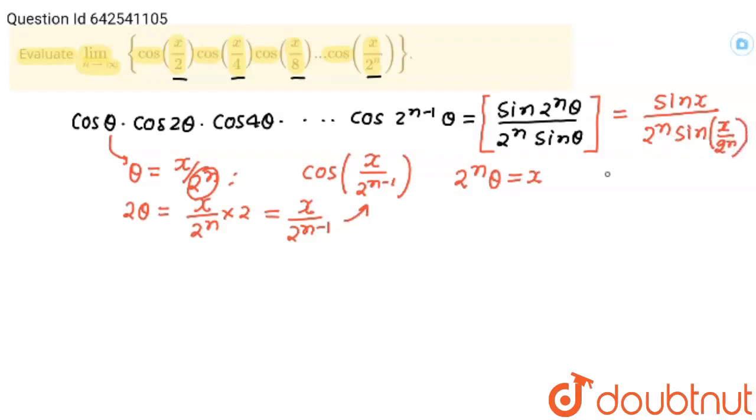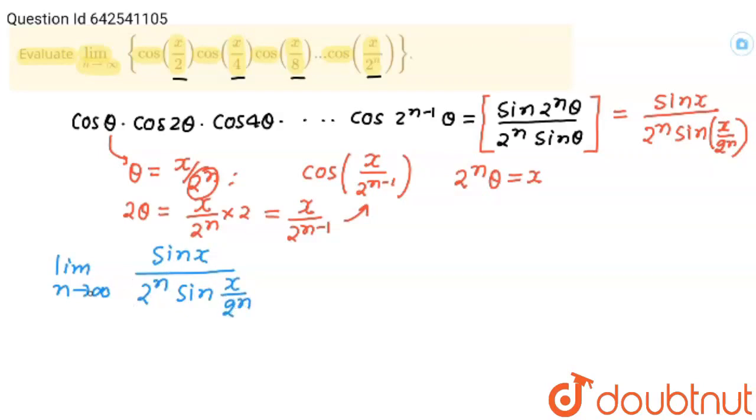Now let's evaluate this. Limit n tends to infinity, this will be sin x upon 2^n sin(x upon 2^n).